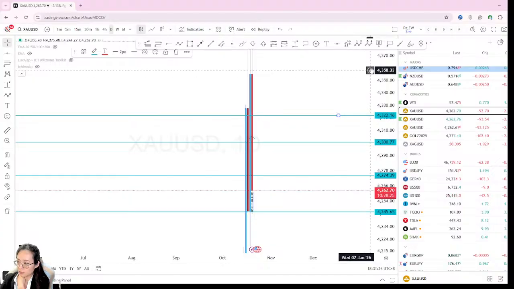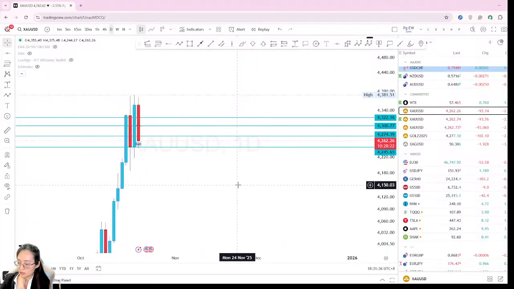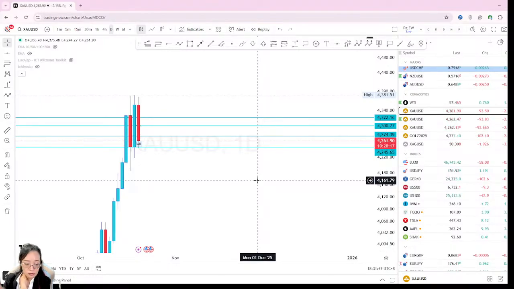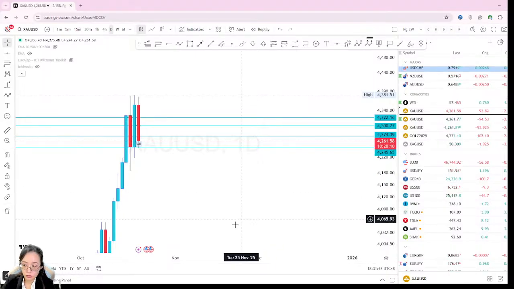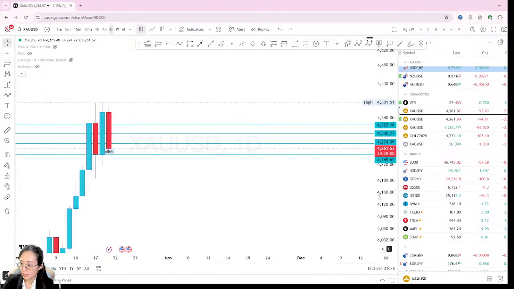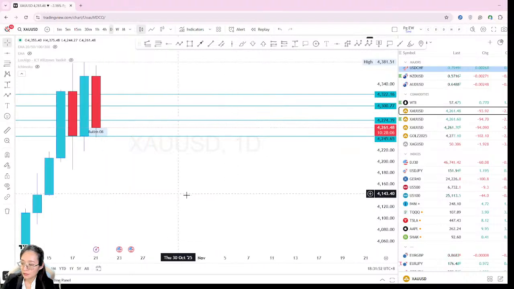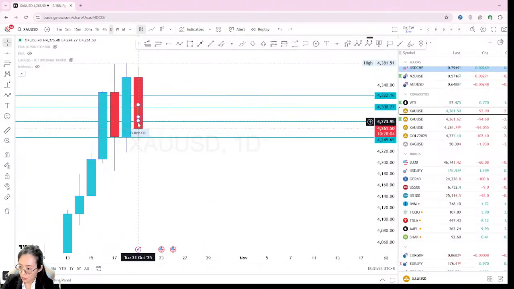Okay, this is also another neckline resistance level. If today price closes with a bearish engulfing, which is the body closing below 42.45, tomorrow you wait for a pullback and then you sell. If today's candle closes with a bearish engulfing, tomorrow you go to the lower time frame, wait for price to pull back and then you sell.